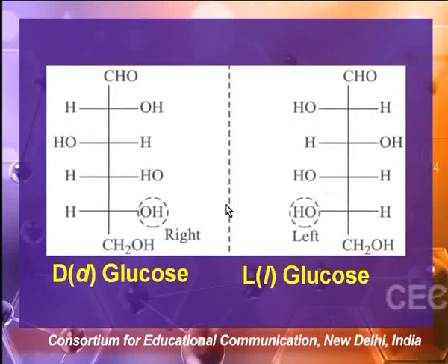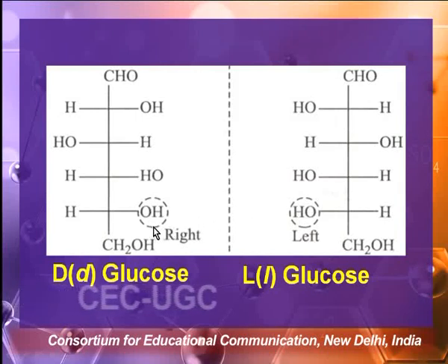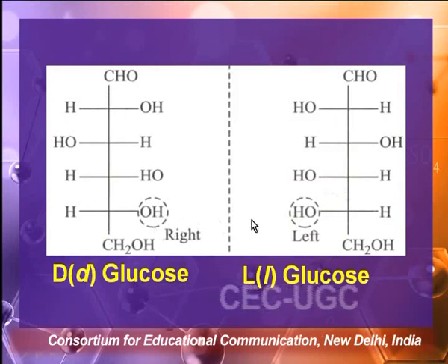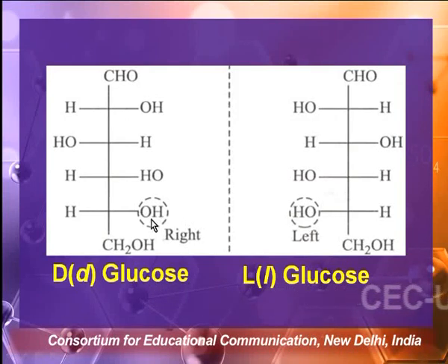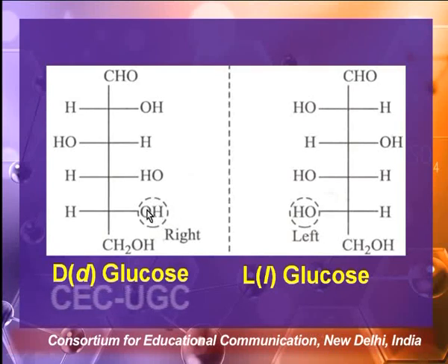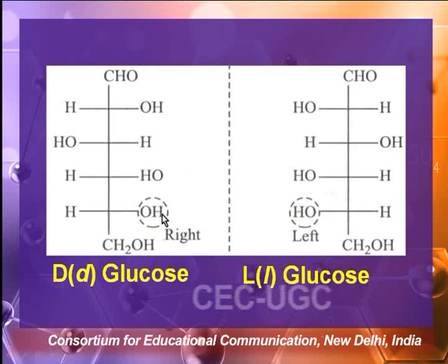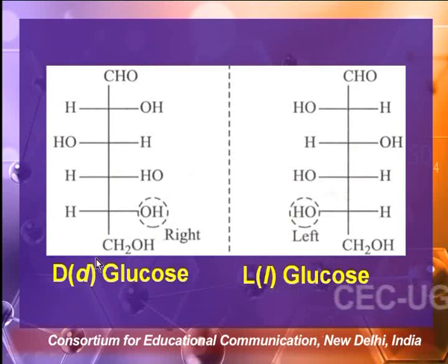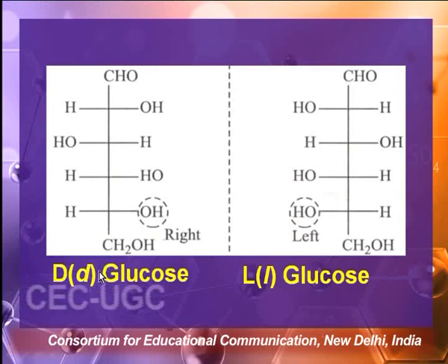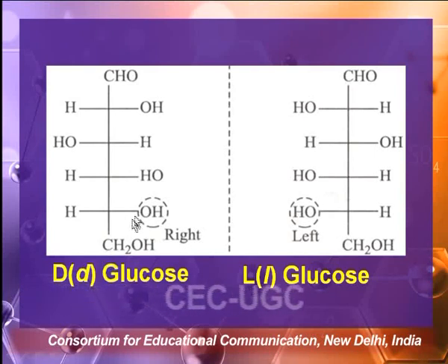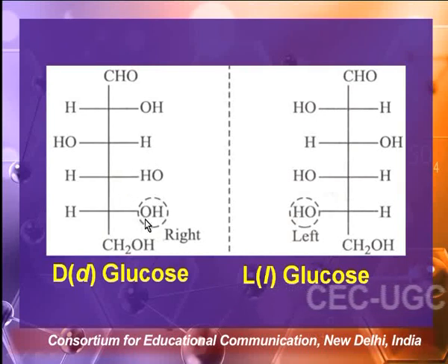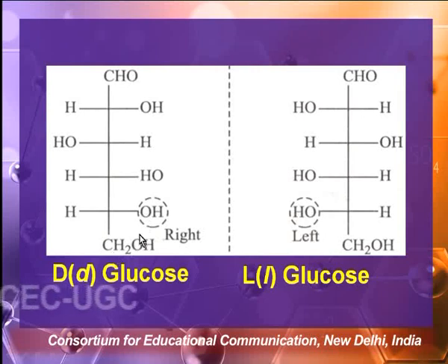So similarly here I have shown another example, that is, we are talking of glucose here, and I have shown two enantiomers. In one, the OH is on the right hand side, so this OH, being on the right hand side, is indicated by capital D, whereas small d is indicating the direction of rotation, that glucose will rotate plane polarized light in right hand direction.